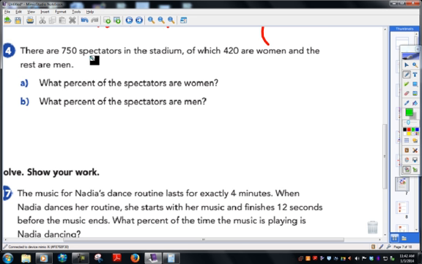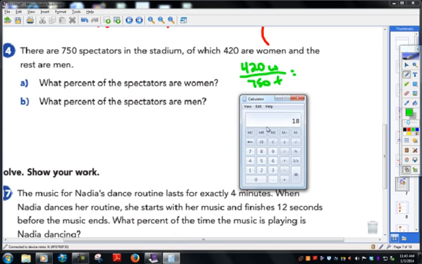Okay? There are 750 spectators in the stadium. 420 are women, and the rest are men. So 750 total. Okay, let's figure that out. What percent of them are women? Okay, so I do 420 divided by 750.